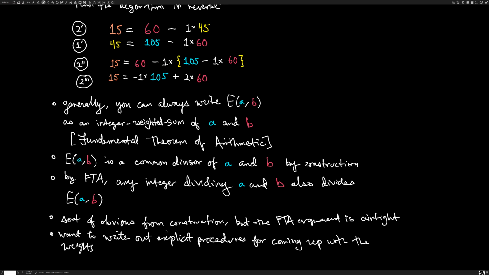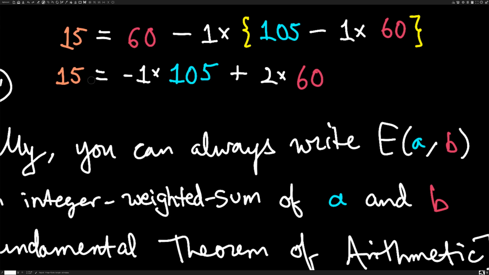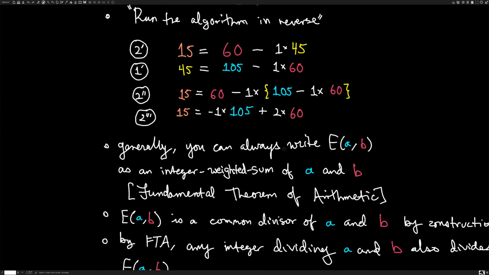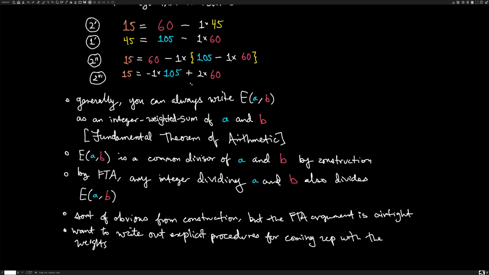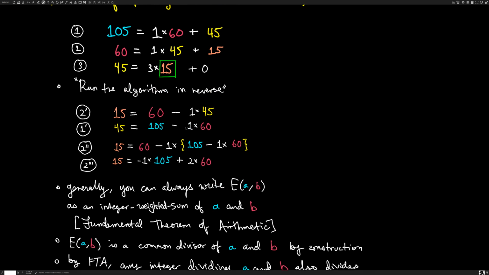But this fundamental theorem of arithmetic argument, where you actually write 15 as something times 105 plus something times 60, is a lot more airtight because it's constructive, and we want to write out explicit procedures for coming up with these two numbers. We can, because all we have to do is take what we're doing now and run it in reverse, but that's a little bit harder to do.